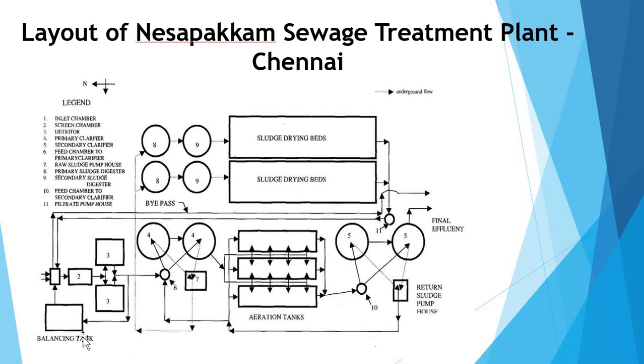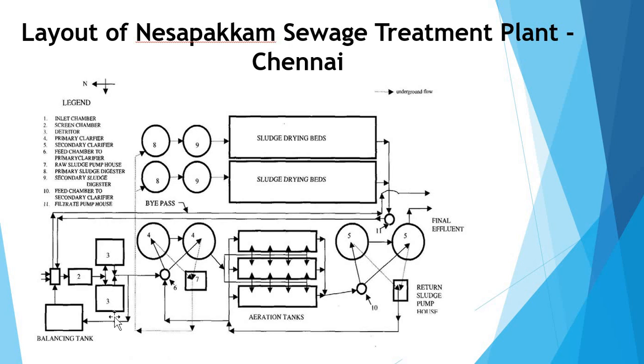As we discussed in the real-time class, there can be a balancing tank which balances the rate of flow of sewage. After the screen chamber, it enters the detritus, which is otherwise called the grit chamber.